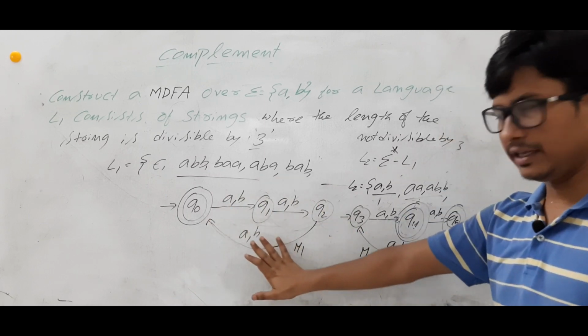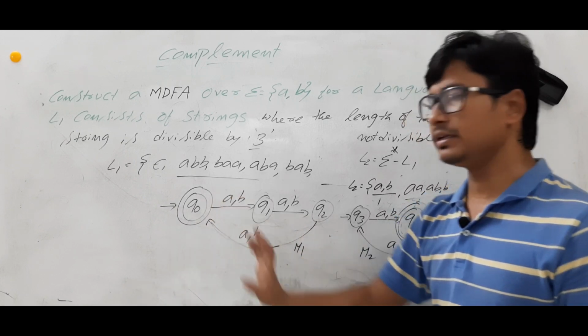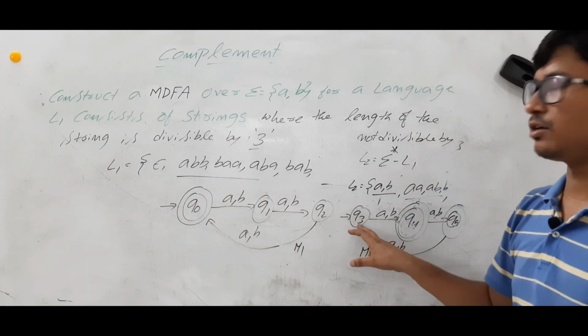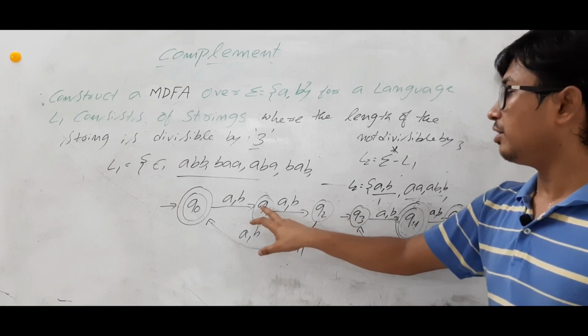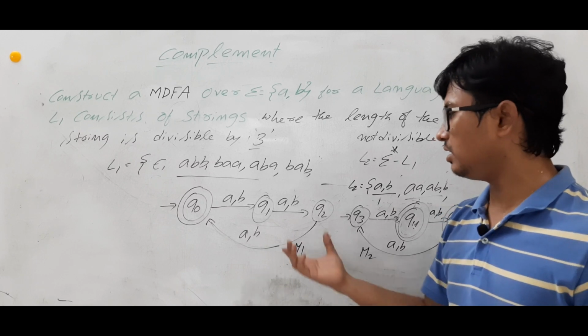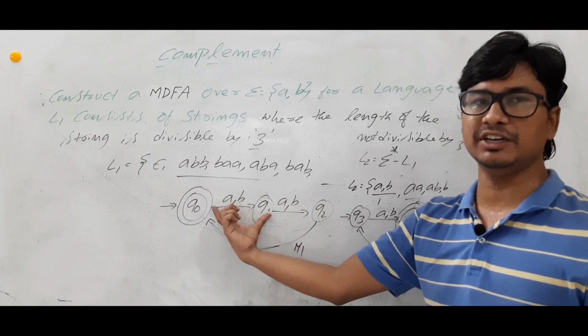Simply the edges are the same: a, b here, a, b here, same like that. I am just making the final state a non-final state and the non-final states final states. Then I am able to construct the complement of the language which is accepted by this DFA.